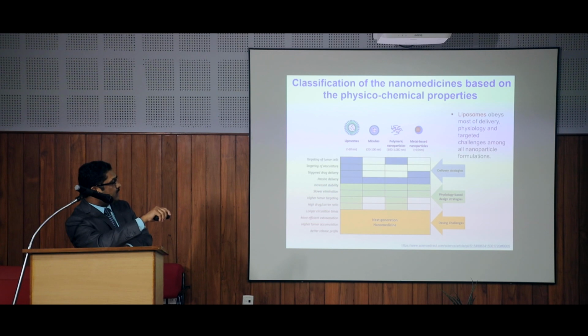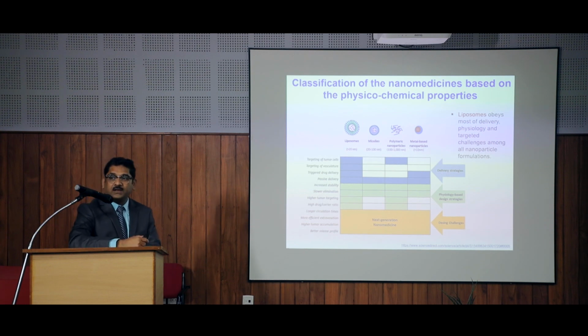The third, metal-based, can mostly be used for trigger-based and passive delivery, and some others. The overall goal is to think about what type of nanoparticle formulation we can make that has all these characteristic properties.